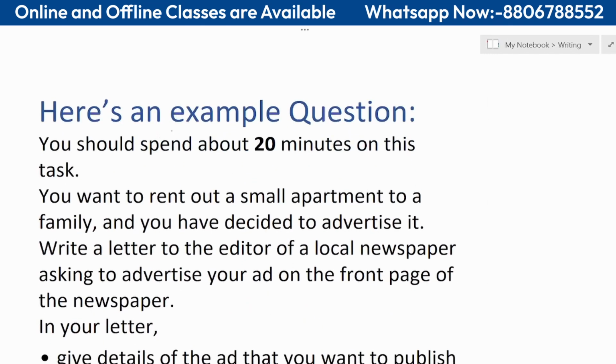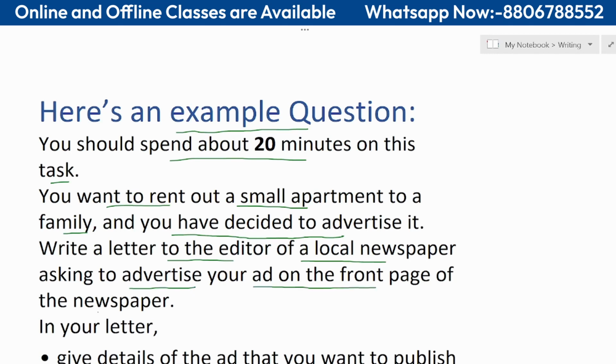Here's an example question. You should spend about 20 minutes on this task. You want to rent out a small apartment to a family and you have decided to advertise it. Write a letter to the editor of a local newspaper asking to advertise your ad on the front page of the newspaper.